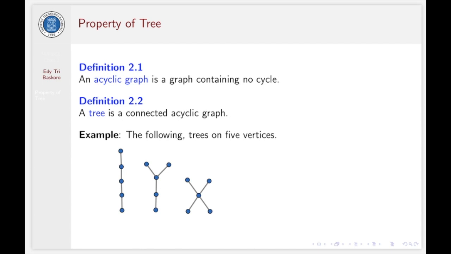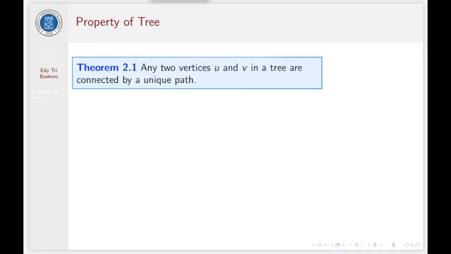This is the example of a tree on 5 vertices. This is the first one, a second and third trees. Tree is a very simplest graph, and it's a minimal connected graph.